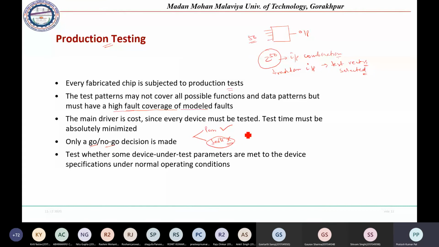Here back tracing is not possible in production testing, because once the chip is fabricated, we cannot go into fabrication again and change the device or the chip. So it is directly either a go or no go decision. If it passes, it is okay. If it fails, we cannot go further for any modification to get the specification we need.